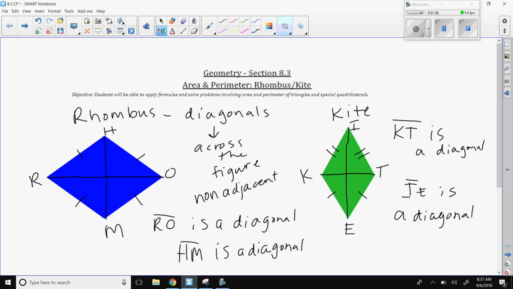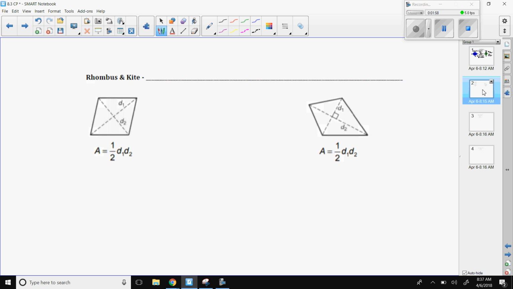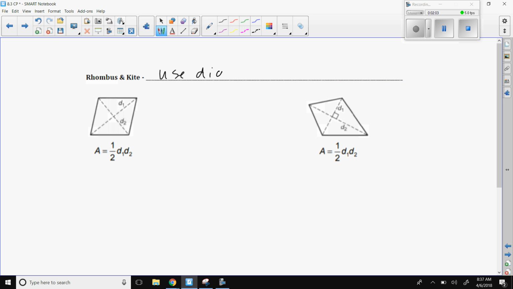So now you can look at your actual sheet. You'll see that the rhombus and the kite use the diagonals for area. Okay, with these diagonals, you're making triangles, which is why we end up with this 1/2.